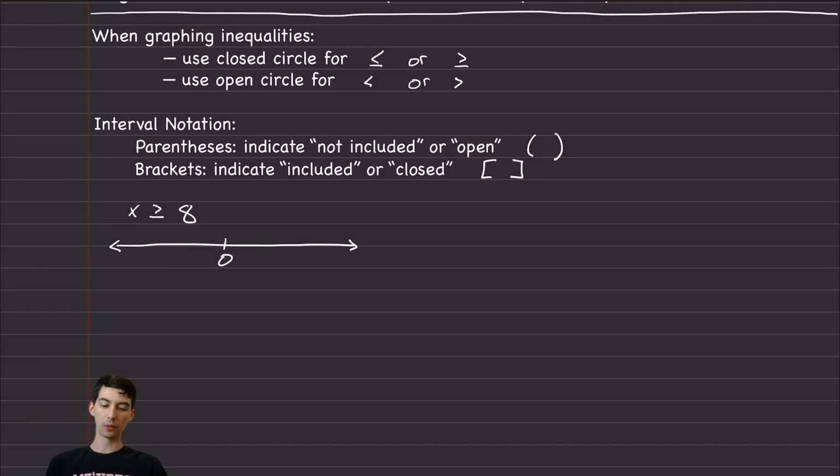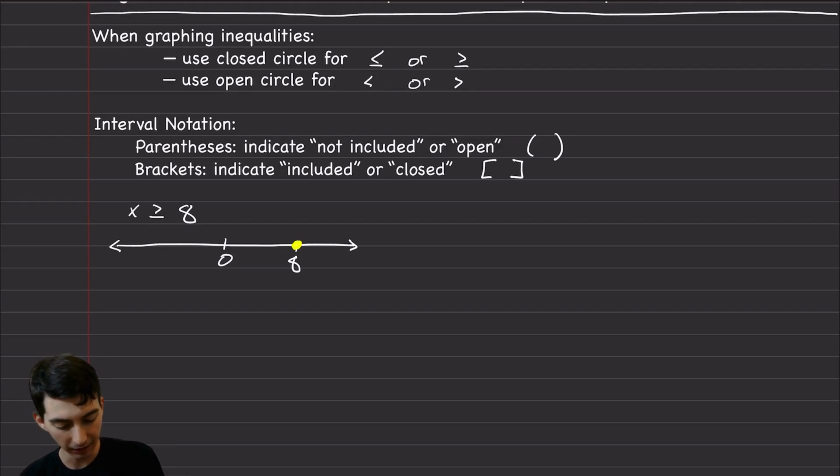So now we're going to plot x is greater than or equal to 8. Whenever we're graphing these inequalities, the first thing you want to plot is 0. And then you can plot whatever number you're given, in this case 8, and make sure it's on the right side of 0. We want all the numbers that are greater than or equal to 8, so I'm going to put a closed circle on my 8.